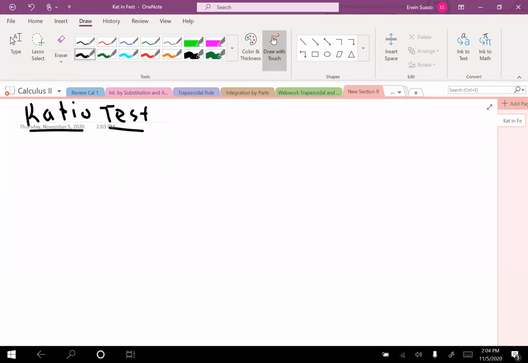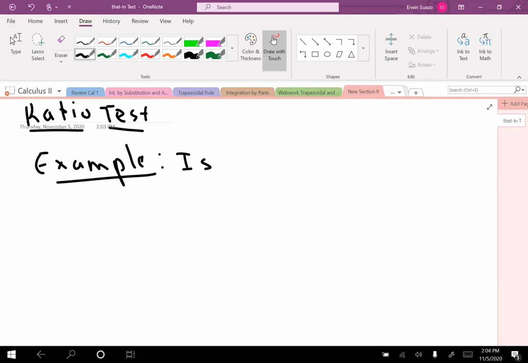So let me give you more examples. So let's solve this one. For example, we need to decide if it's convergent or divergent.